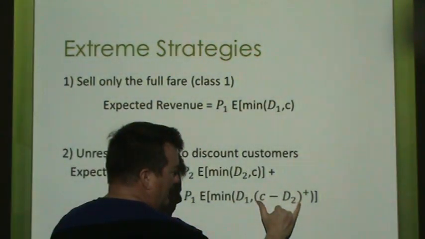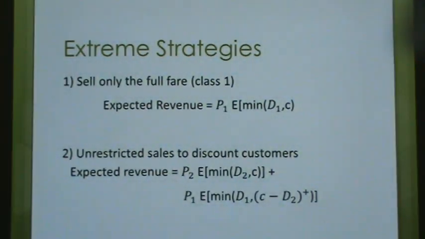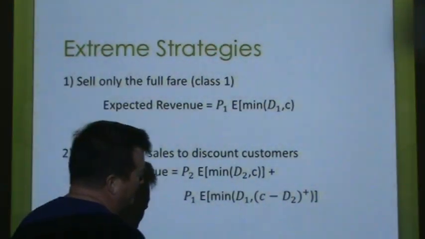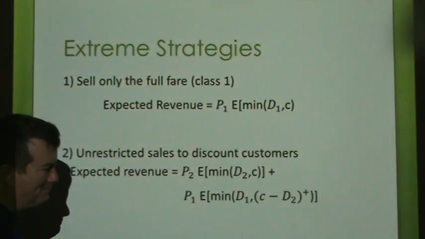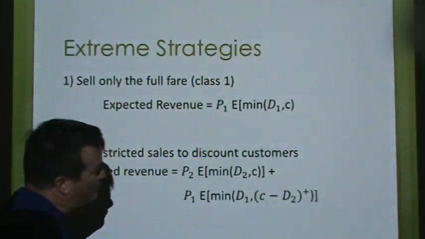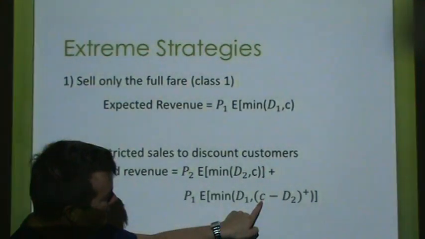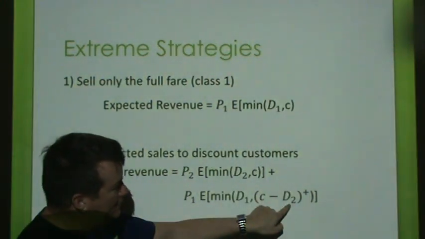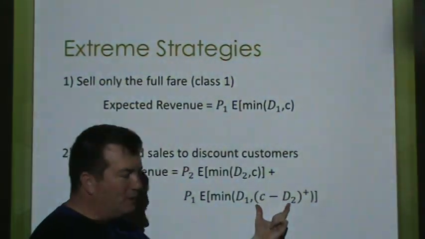If this number is negative, we use 0 instead. But they refer to it as positive part. It should be something like 0 if not positive. That might have been the best way to describe this notation. What it's basically saying is, if the plane has 100 seats and 80 people pay the lower fare, then there are 20 seats left over.